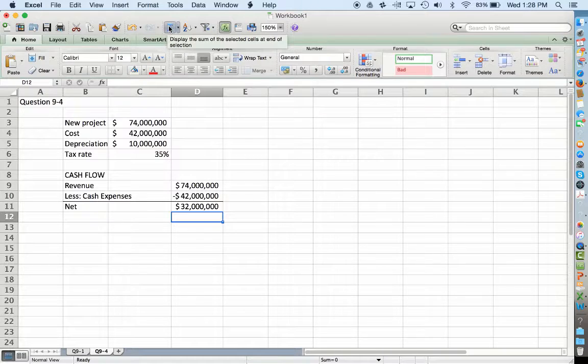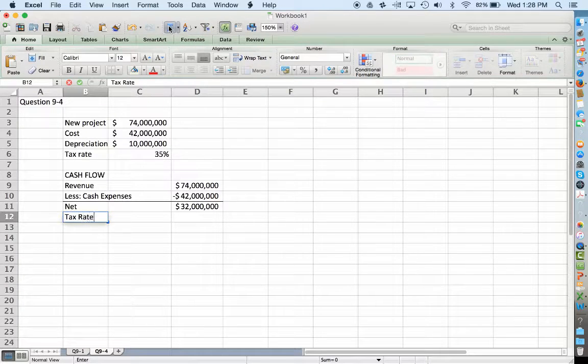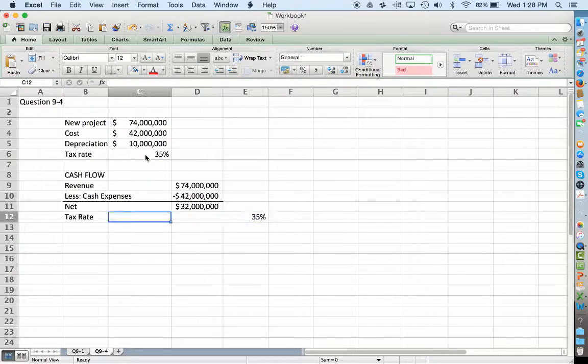And then we're going to apply the tax rate. Or I should say not the tax rate, taxes. So I will take the 32 million times the tax rate.